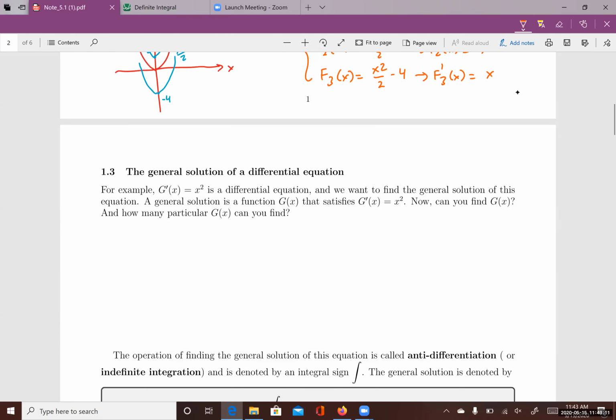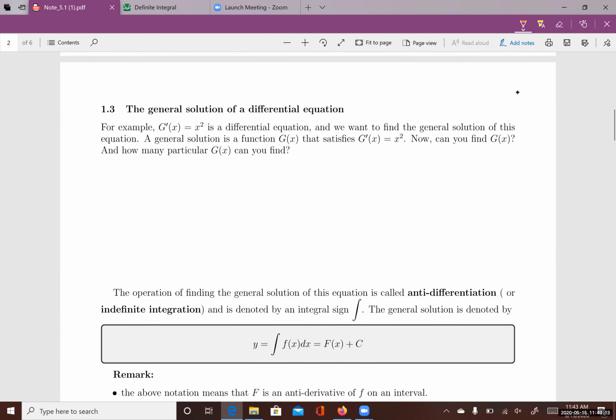Now it leads us to the question of finding the general solutions of differential equations. So what is a differential equation? A differential equation is an equation that involves the derivative functions. Let's say g prime of x equals x squared.